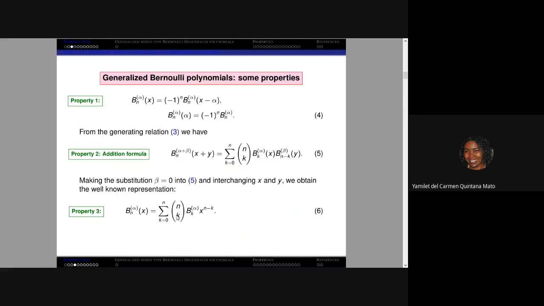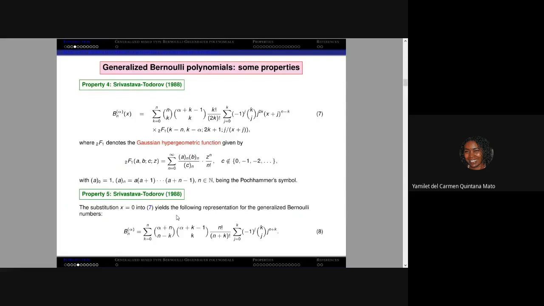Properties 1, 2, and 3 are a straightforward consequence of the definition of generalized Bernoulli polynomials. Properties 4 and 5 were shown by Professors Srivastava and Todorov in 1988.